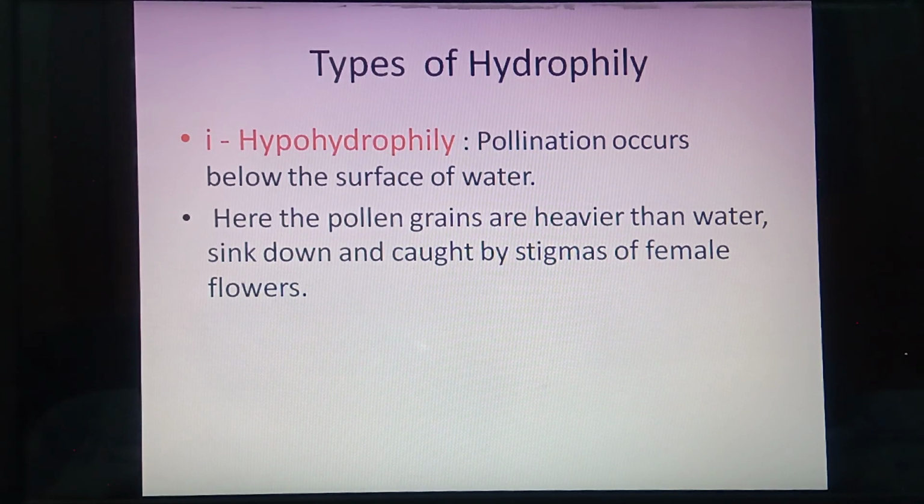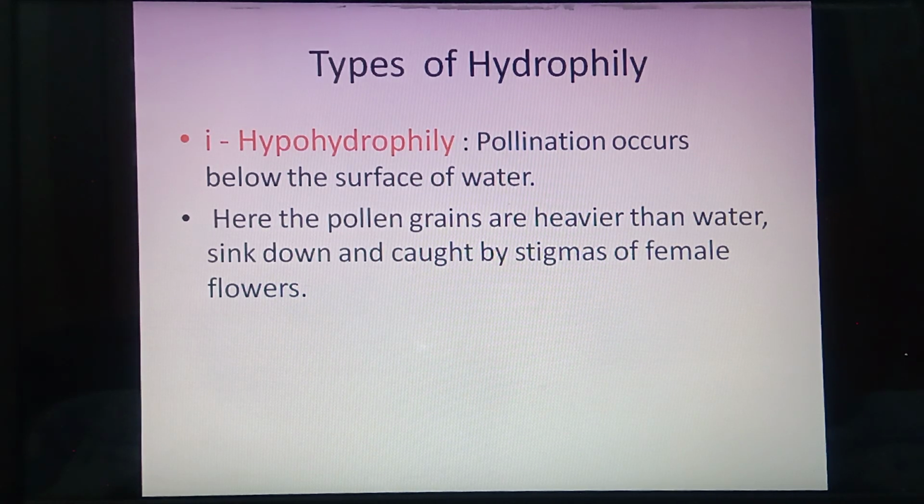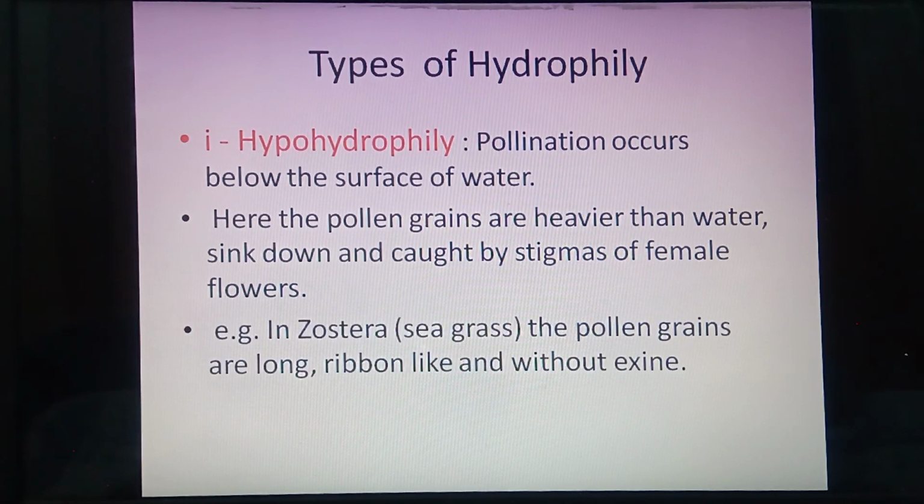Here the pollen grains are heavier than the water. As the pollen grains are heavier than water, automatically they start to sink down into the water and are caught by the stigmas of the female flower below the water surface. That means the specific gravity of pollen grain is more than water.